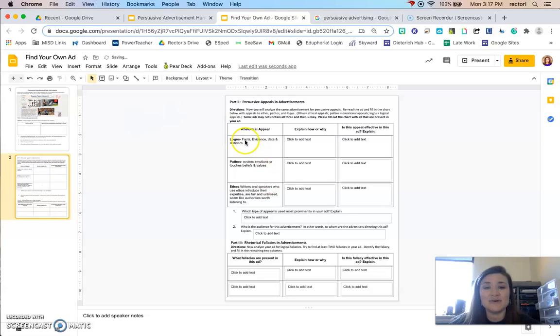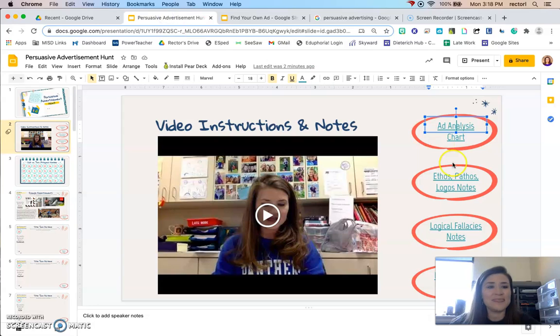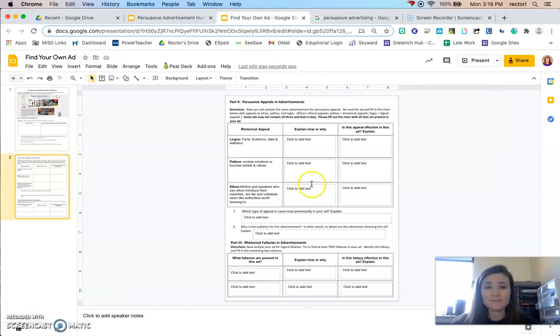I have given you some notes right here, but again, you can go back to this slide and look at those other notes as well. You're going to tell me which of these are present in your ad. Some of them are going to have all three, some might have two, and some of your ads may only have one. Then you're going to explain how it's used and if that appeal is effective.